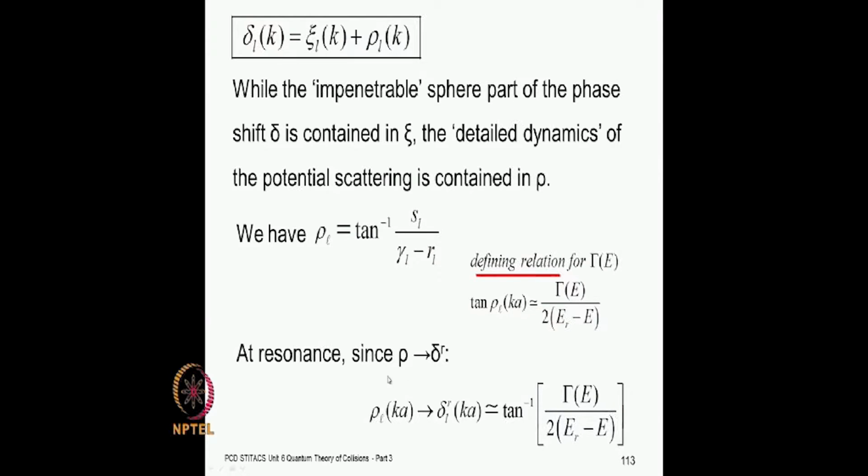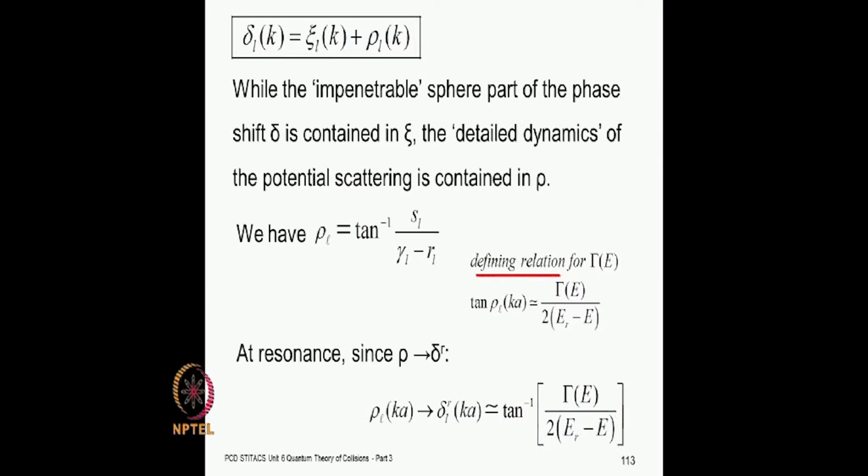So, here, at the resonance I will indicate the resonance phase shift, the residual phase shift, as delta with a superscript r. This delta superscript r is nothing but the remaining phase shift other than the impenetrable hard sphere phase shift.